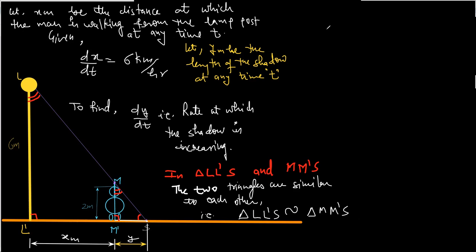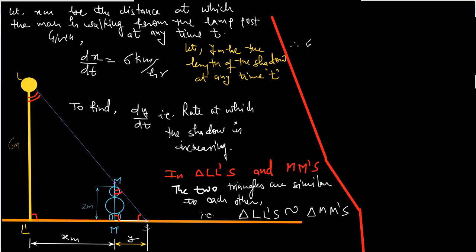Now we know, students, by the property of two similar triangles, we know it that when two triangles are similar, then what happens is the corresponding sides are proportional. The corresponding sides are proportional.